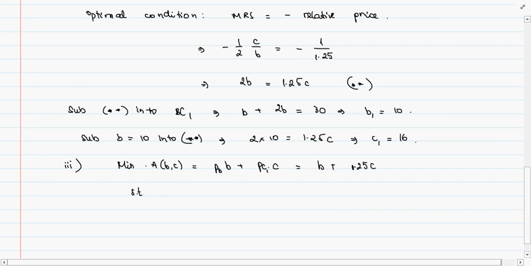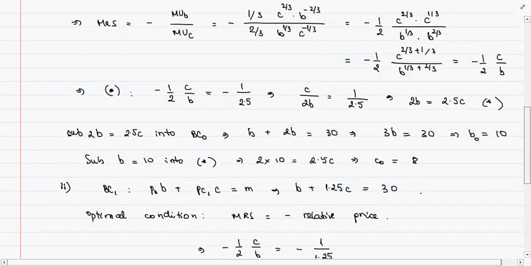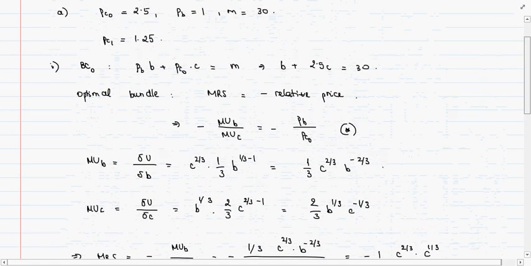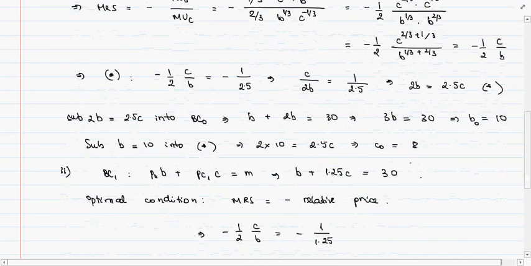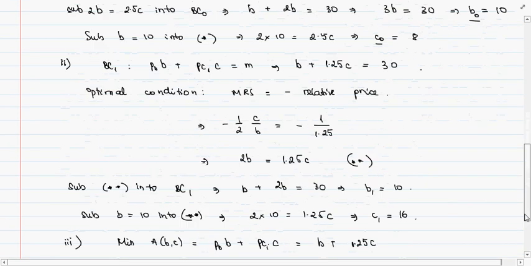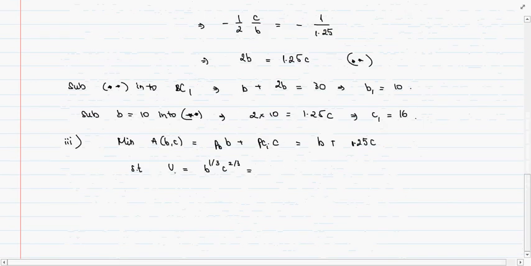Okay, so we want our utility, which is equal to B to the one third, C to the two thirds, to be equal to the original level. Now what is the original level of utility? In order to find that, we will just have to substitute the value of B0 and C0 back into our utility function to find the original level, which is U0.